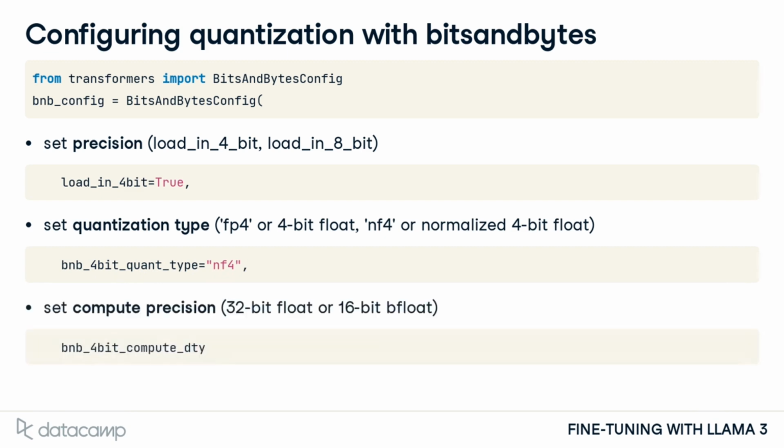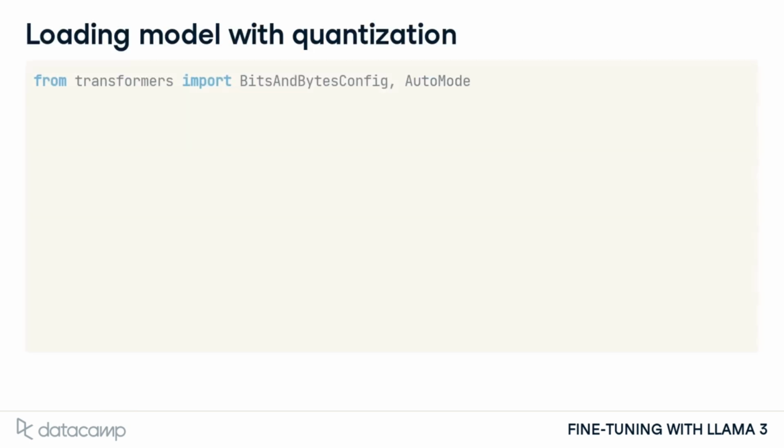By setting the data type for computations with the quantized models, we can control how precise it will be. It defaults to 32-bit floats, but optionally, we can set it to 16-bit bfloat for increased efficiency. This is the full configuration.